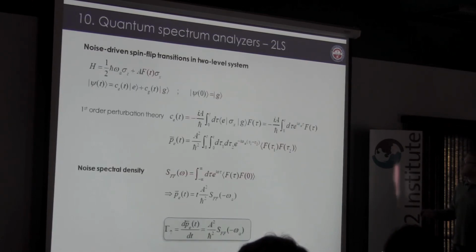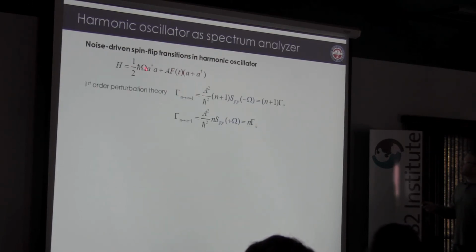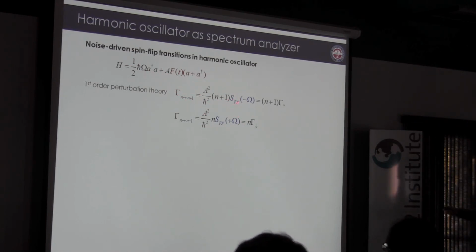Okay, I go through and I do the same math as I'm doing here. I'm just plugging in a different Hamiltonian. And so I can grind through this math, and once I grind through all the math, in first order perturbation theory, I get basically that the noise spectral density at opposite frequencies drives these transitions. And so I basically get a transition rate up, which is proportional to n+1, and a transition rate down, which is proportional to n.